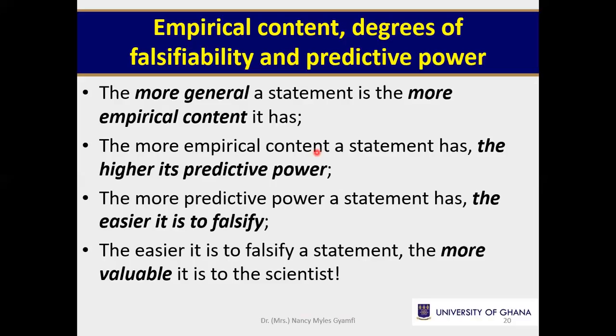I've said that so much in the first part of this unit. Universal generalizations have more empirical content, more predictive power, more value scientifically than their compatriot, the statistical generalization.